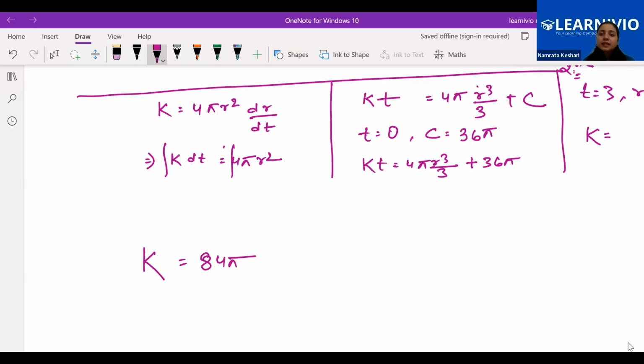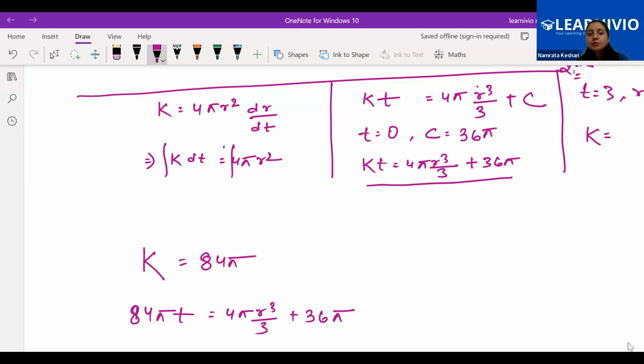Now we will get our original solution, that is kt is equal to 4 pi r cube by 3 plus 36 pi. This is the particular solution we have. Now according to the question, what does it say? What's written in the last statement, Murtaza?